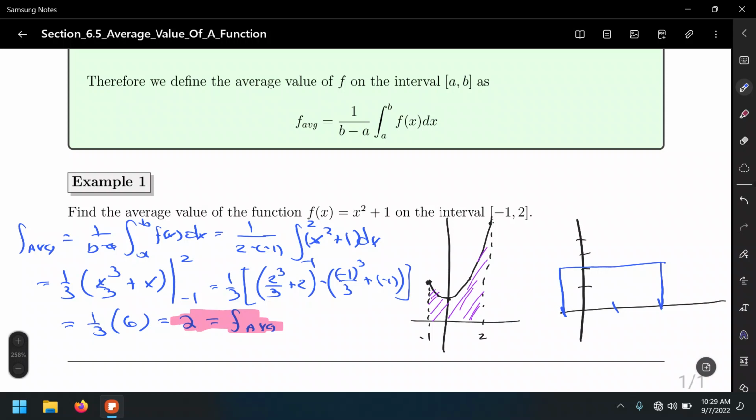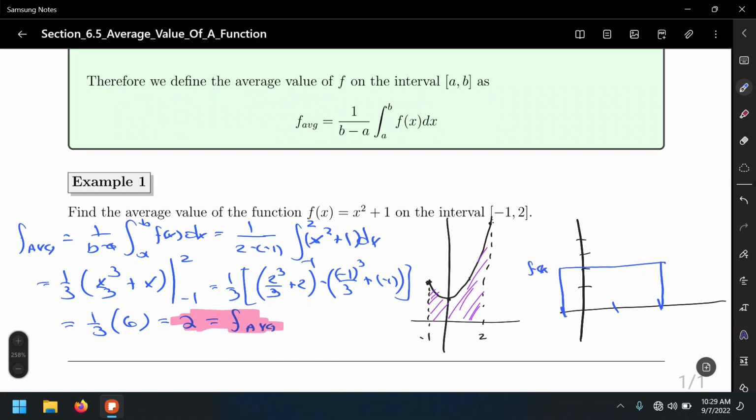So what's the area of this rectangle? Isn't it 1, 2, 3 units, 3 times 2, which is 6? If we find the area without the 1/3, which makes the average, isn't that the same as the 6 right here? So again, what did we find?